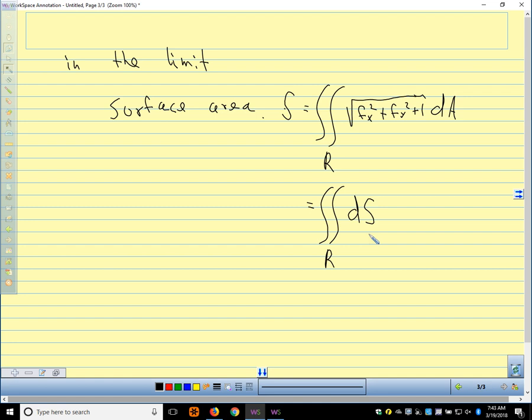And this is very similar to our integrand for arc length in 2 dimensions, when we talked about curvature. And what other quantity is given by f sub x i hat, f sub y j hat, 1 k hat that we've talked about?